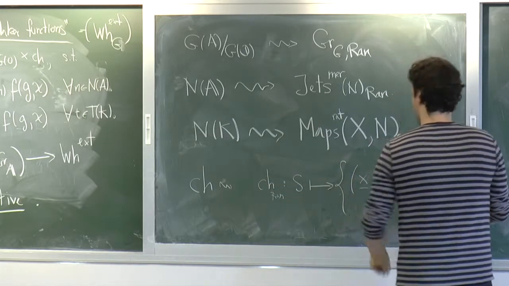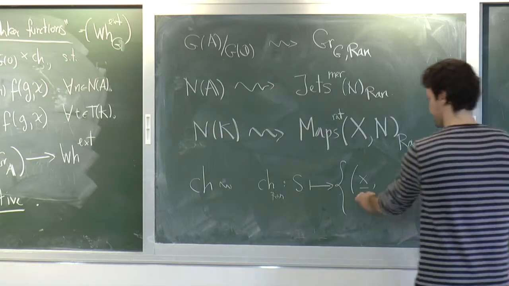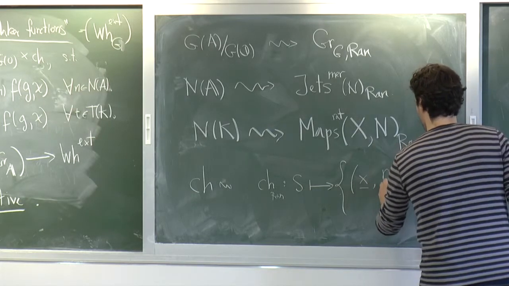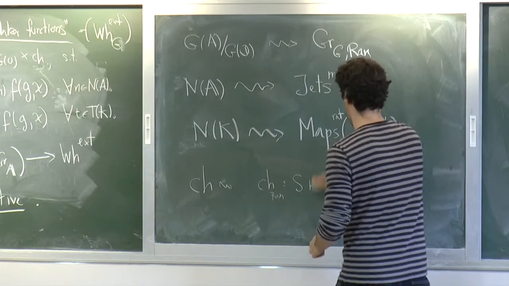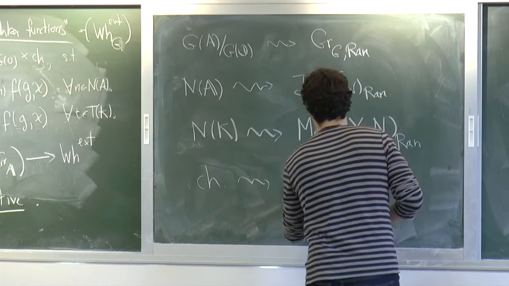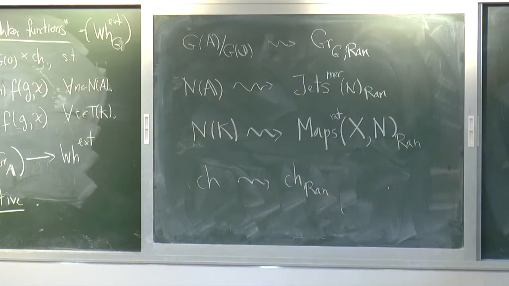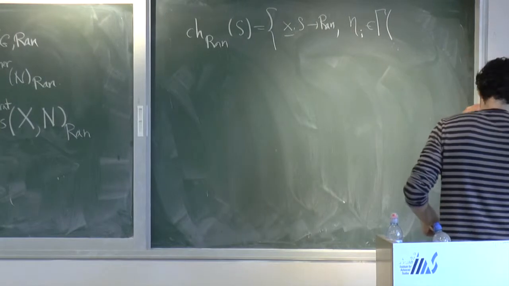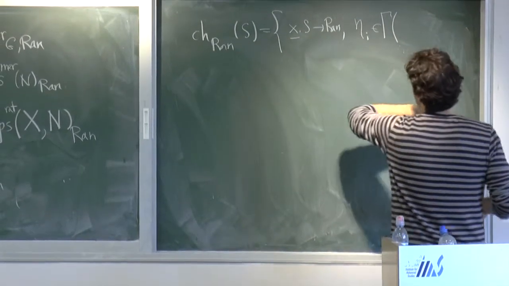It's a bunch of finite number of points, so a point of Ran, x from S to Ran, maybe underlined because it's a bunch of points, and then eta_i, which is an S-family of rational one forms.